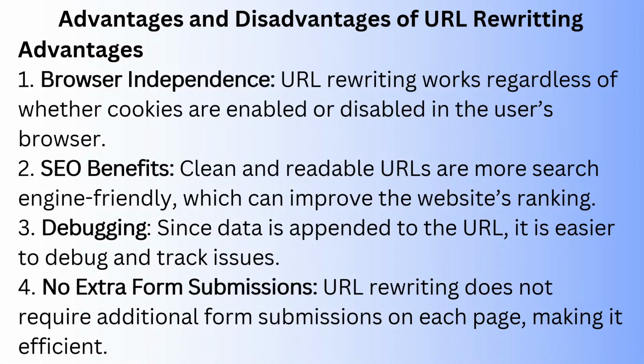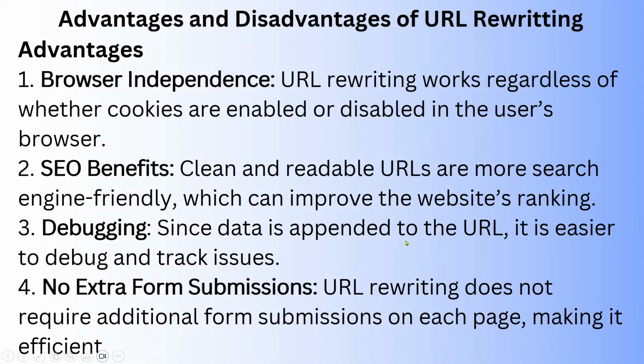The next is SEO benefit, that is search engine optimization. Clean and readable URLs are more search engine friendly, which can improve the website's ranking. So SEO benefit means website ranking is increased by using the URL rewrite. The next benefit is debugging.